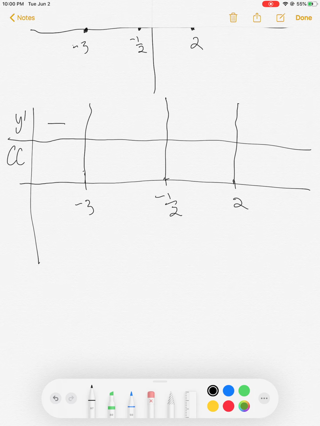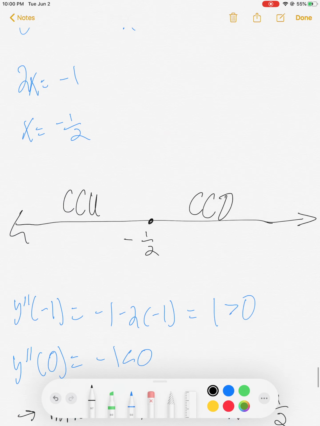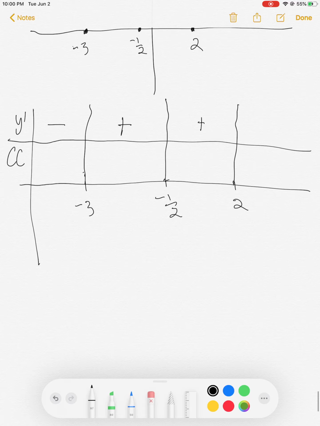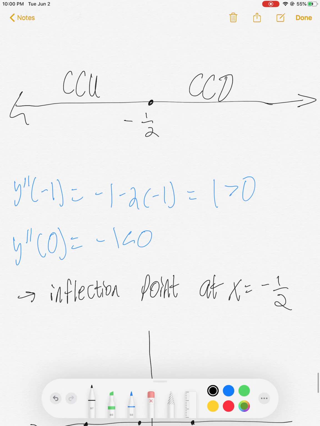Now, we didn't actually go through and compute y prime at certain points. However, we can use the fact that -3 is a local min. So if we think about that visually, that means that the function is decreasing until it hits -3, and then it starts to increase. And then it increases until it gets to 2.